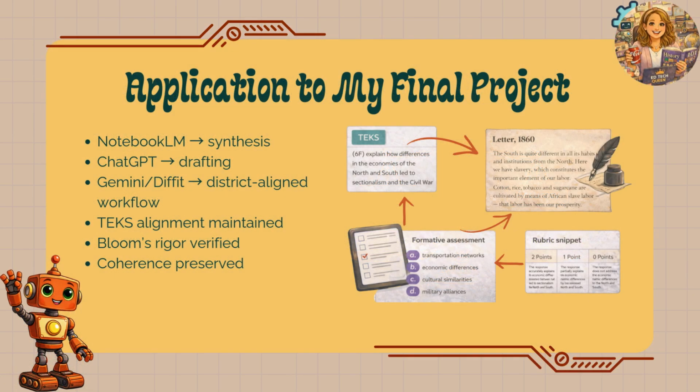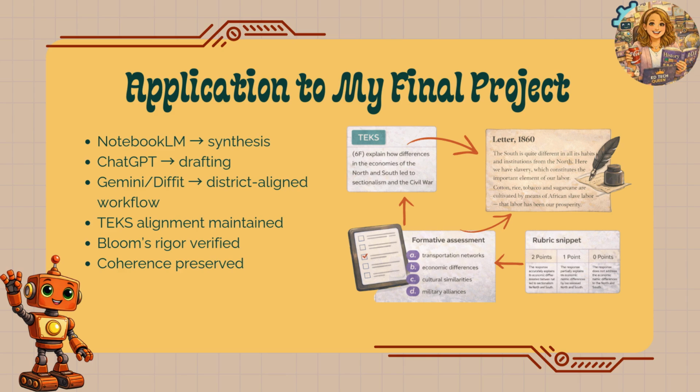Let's now look at this in regards to the application towards my final project. In my sectionalism and Civil War units, AI ultimately supported the development of the lesson, but coherence guided the decisions that we made. Notebook LM helped synthesize standards and sources. ChatGPT accelerated drafting of objectives, content, and formative assessments.